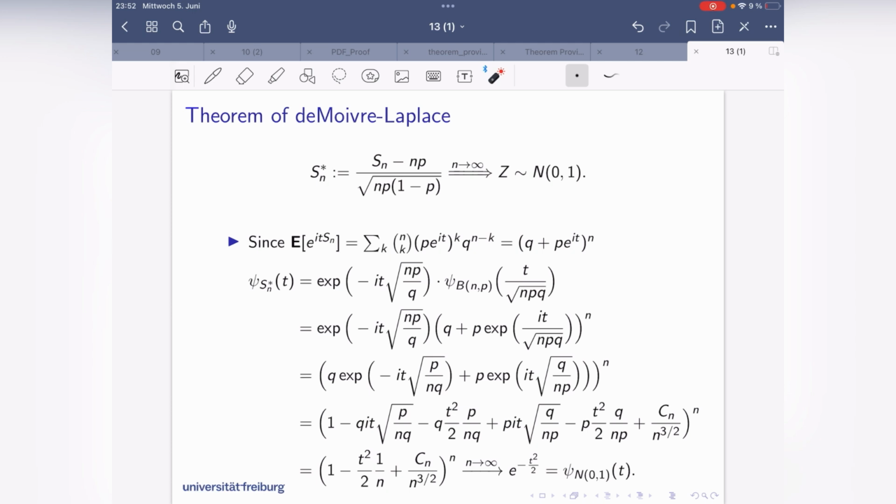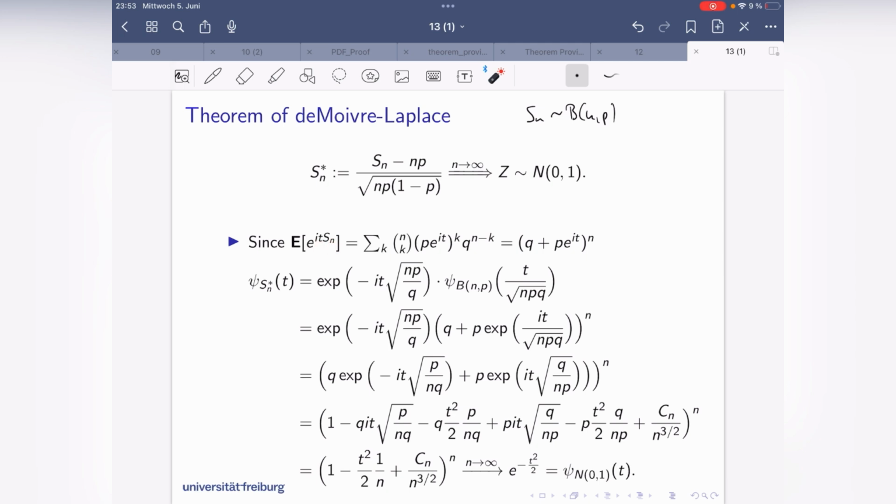So the harder one is this one here. So that's a 5-line proof of the theorem of de Moivre-Laplace, which states, so Sn is binomial (n, p) distributed, which means that its characteristic function is the sum of n choose k, p to the k, q to the n minus k times e to the i t k.